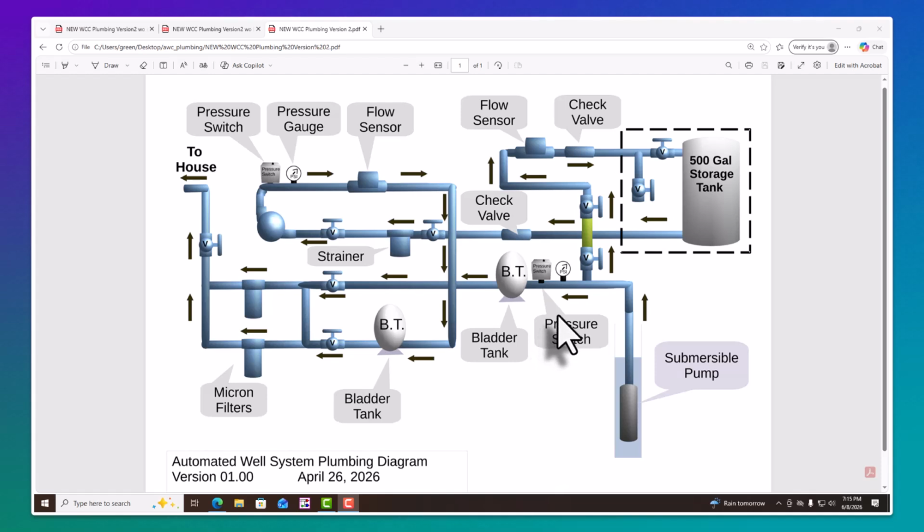Then water will flow from the tank to the filled bladder tank and go into both these through this way and down this way. They'll go through this valve to these microfilters and out.